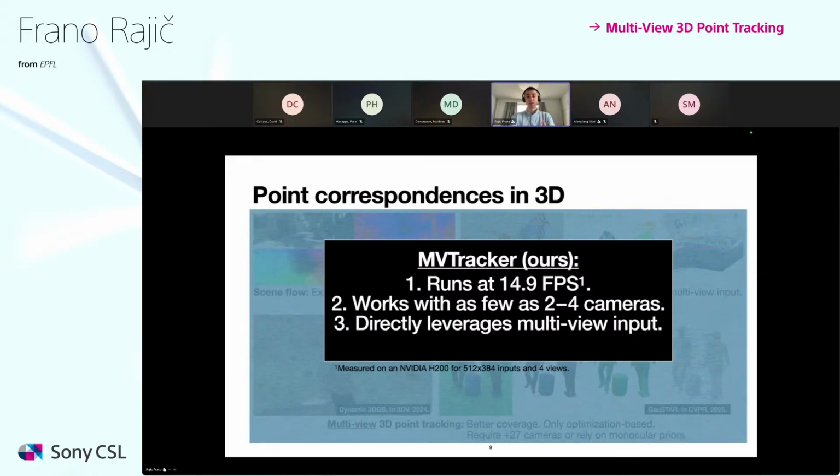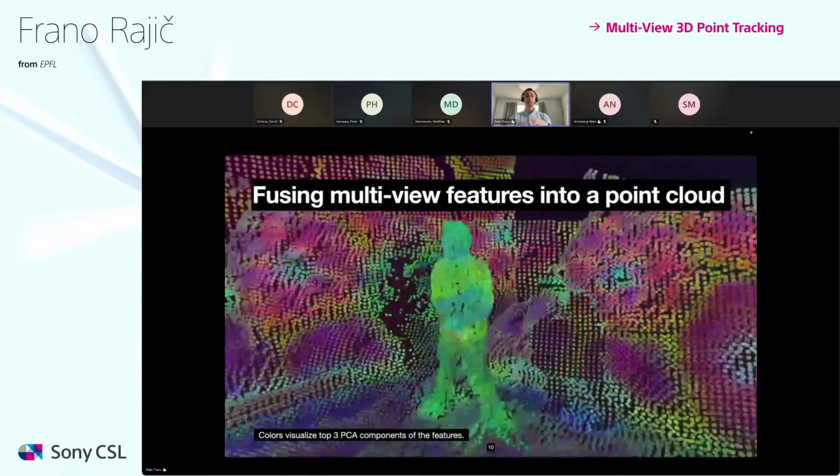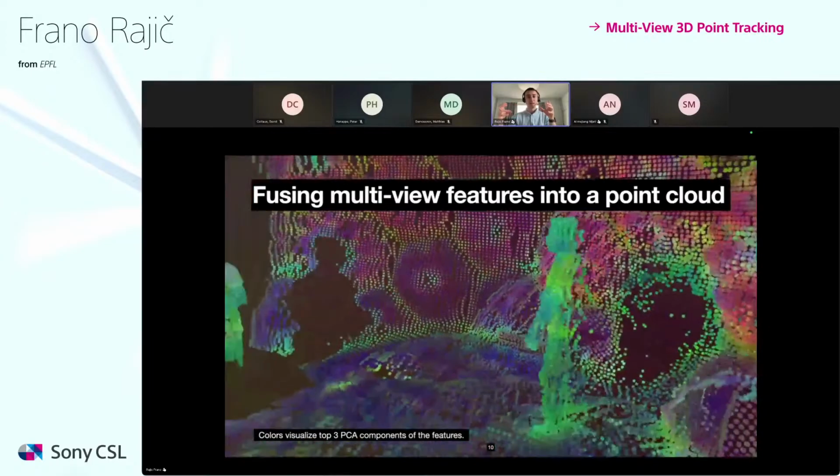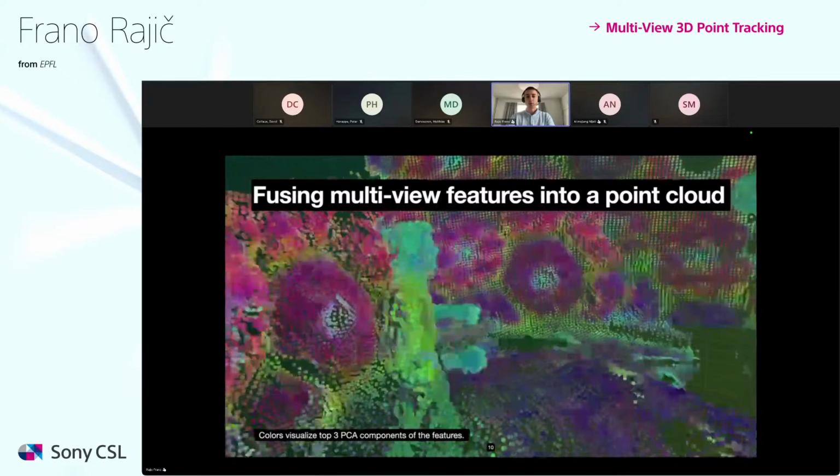It directly leverages and learns a prior on the multi-view input. The design we have also enables us to set the state of the art on the multi-view and monocular 3D benchmarks we have. At the core of our method is to take the different cameras and fuse the features from each camera into this 3D point cloud.